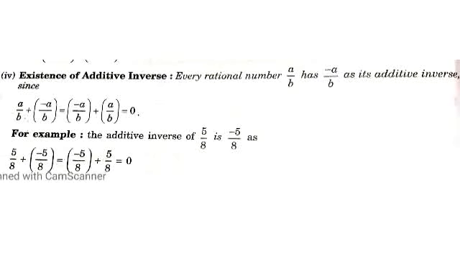It says existence of additive inverse. It says that every rational number a by b has minus a by b as its additive inverse, since a by b plus minus a by b equal to minus a by b plus a by b equal to 0. This is your property here, right?